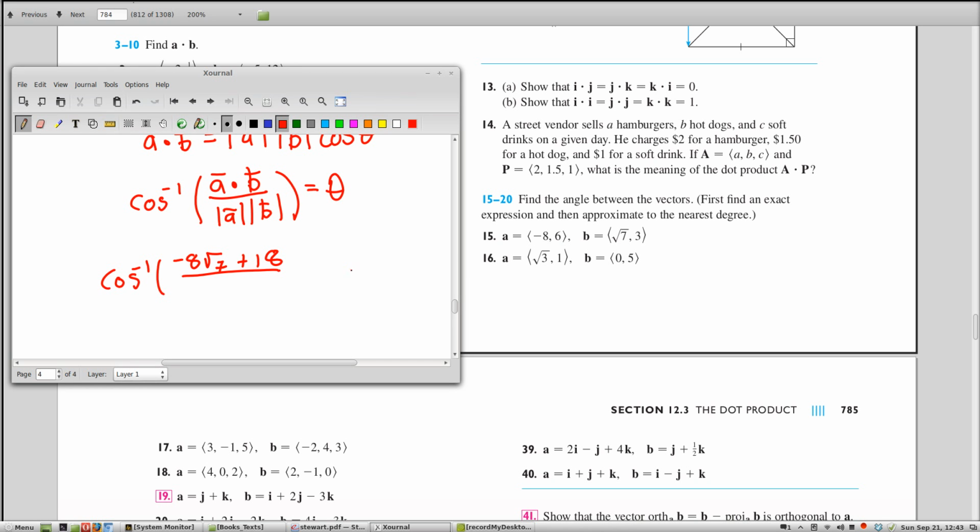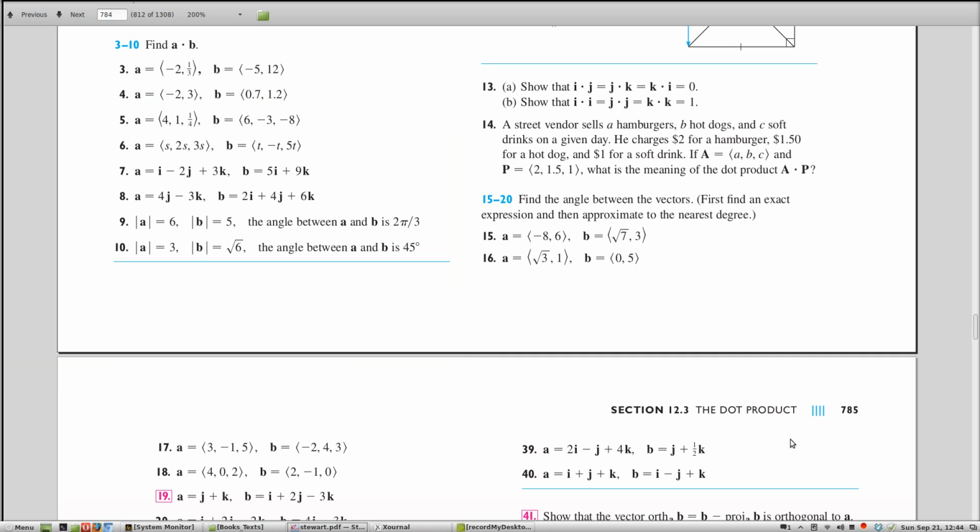It's the square root of 64 and 36, which is 10. And what is the magnitude of this? It's the square root of 7 plus 9, which is 4. That's a little bit merciful. And whatever that is, I'm not sure what that comes out to be. But it's theta, and you'd have to do this on a calculator.